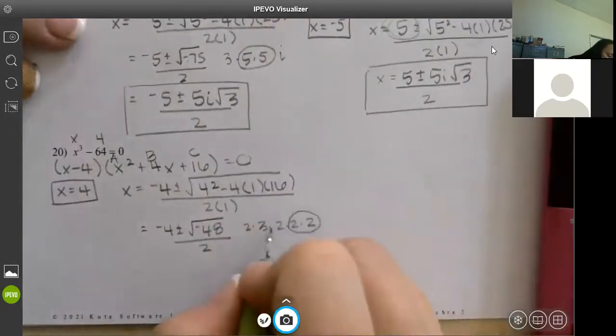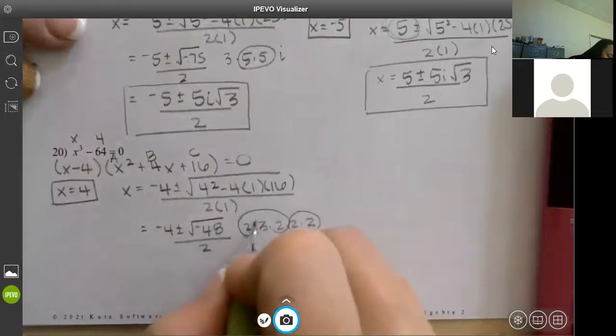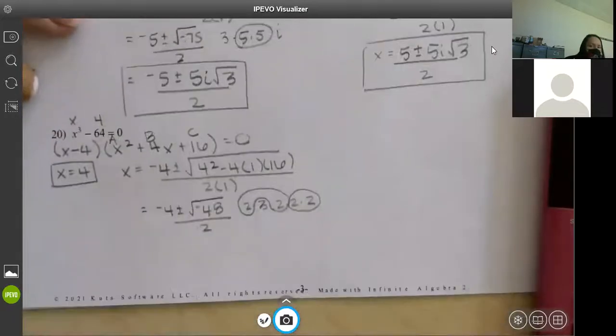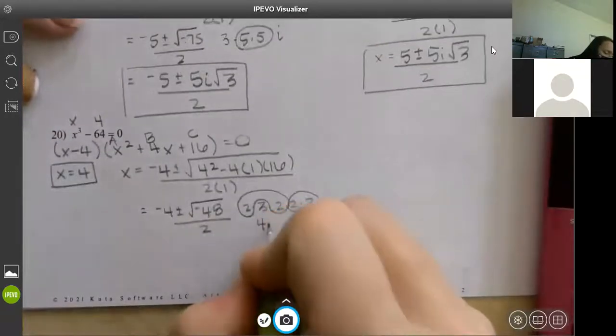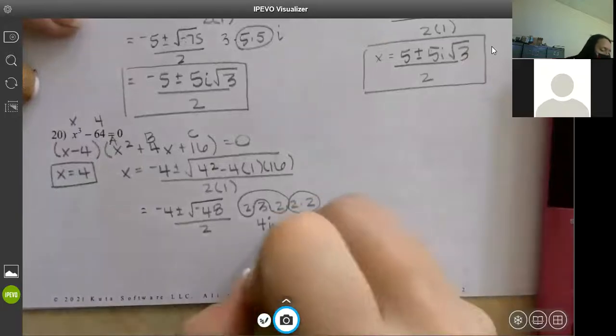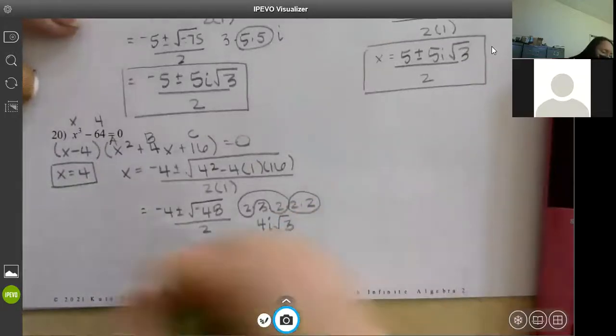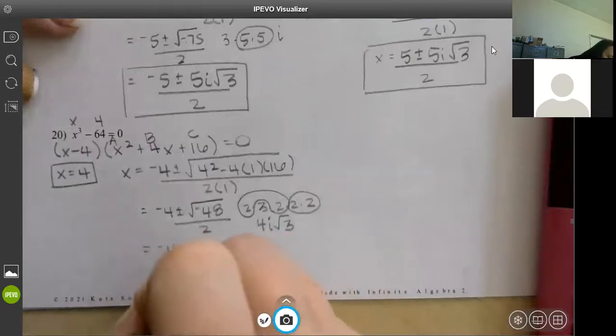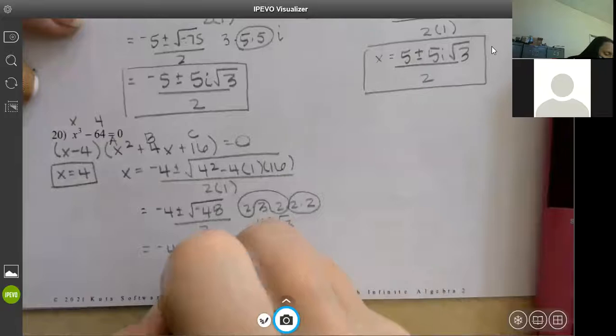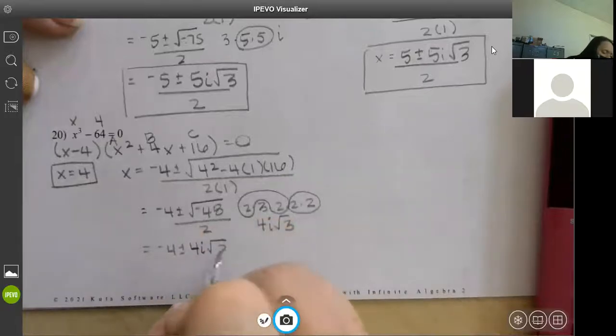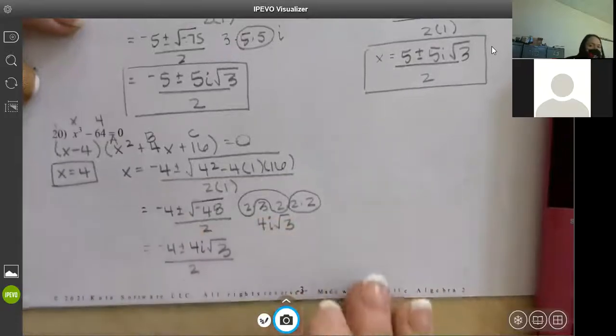On this one, I have 2 pairs of 2, which makes 4. I have a negative, and I'll leave a 3. So it equals negative 4 plus or minus. I had a negative, so I'll pull out an i. I did not circle the 3 over 2.